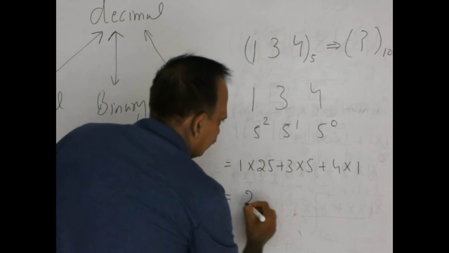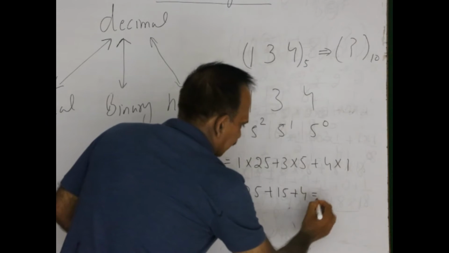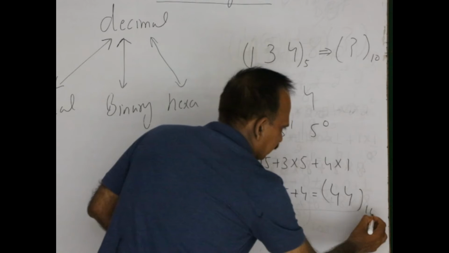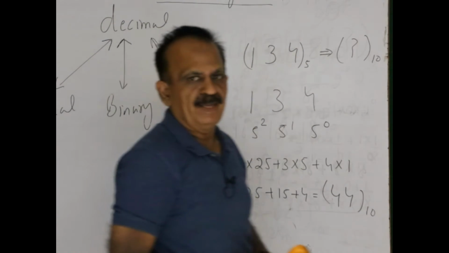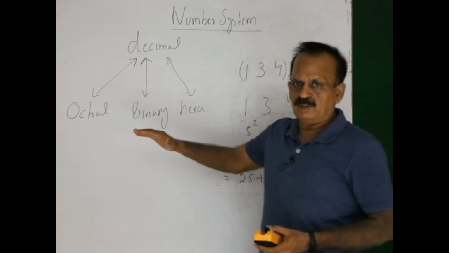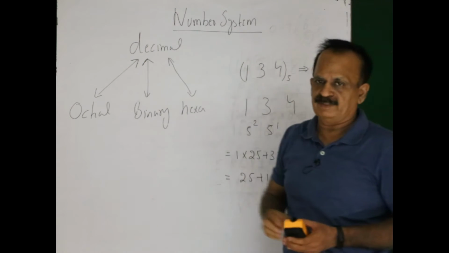This is 25 plus 15 plus 4 and the number will be equal to 44, the decimal number which is equivalent to 134 in base 5. So now we are able to convert any particular number system into the decimal number system.